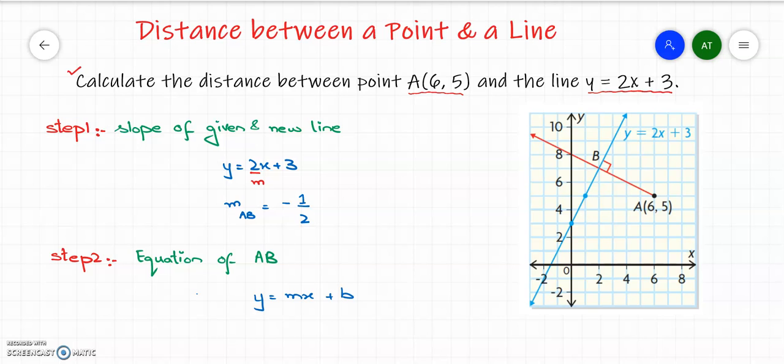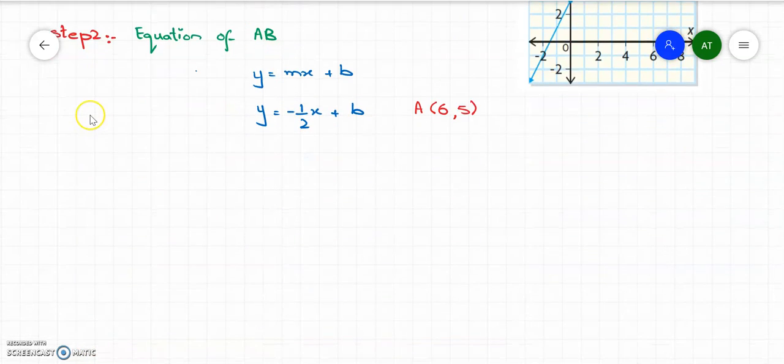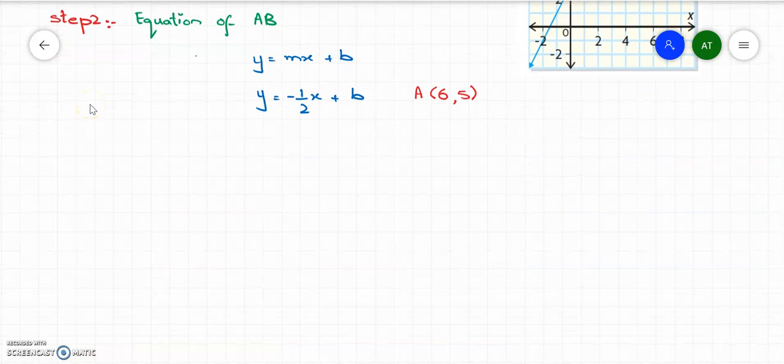And the m value we know is negative 1 by 2. So y equals negative 1 divided by 2, times x, plus b. Now how do we solve for b? To solve for b, we have to use the point A, that is (6, 5). So just substitute x equals 6 and y equals 5 and solve for the b value. Let's do it.